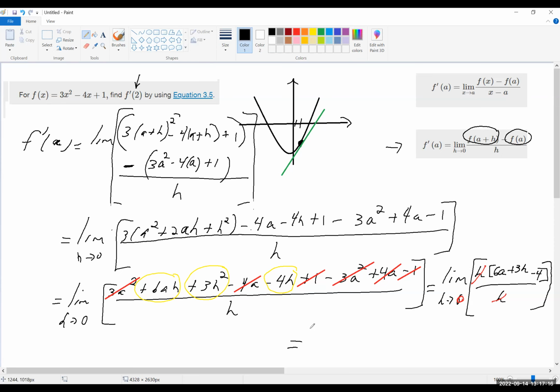So I've got 6 times 2 plus 3 times 0 minus 4. So I'm left with 12 minus 4, which is 8.